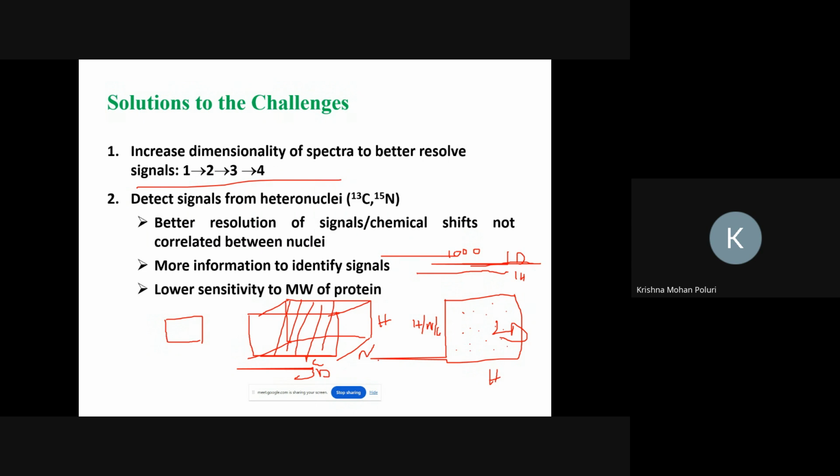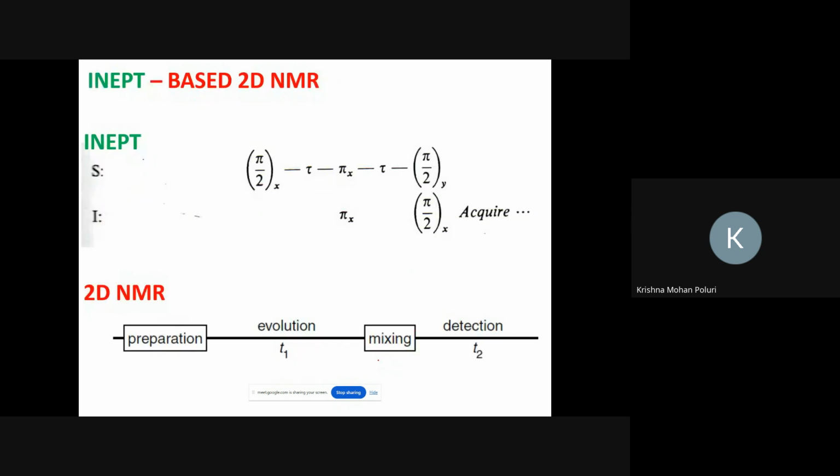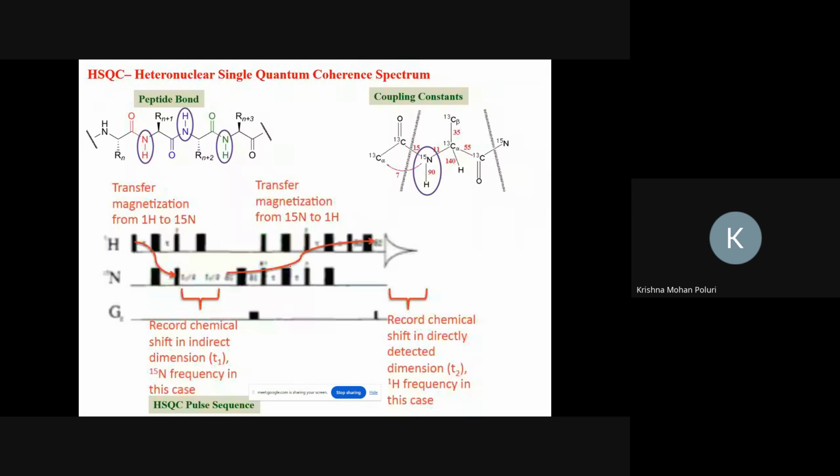So simultaneously you can detect all the nuclei at the same time. That is why people use multi-dimensional experiments. Again, the same thing I told you: go from a sensitive nucleus to the insensitive nucleus.